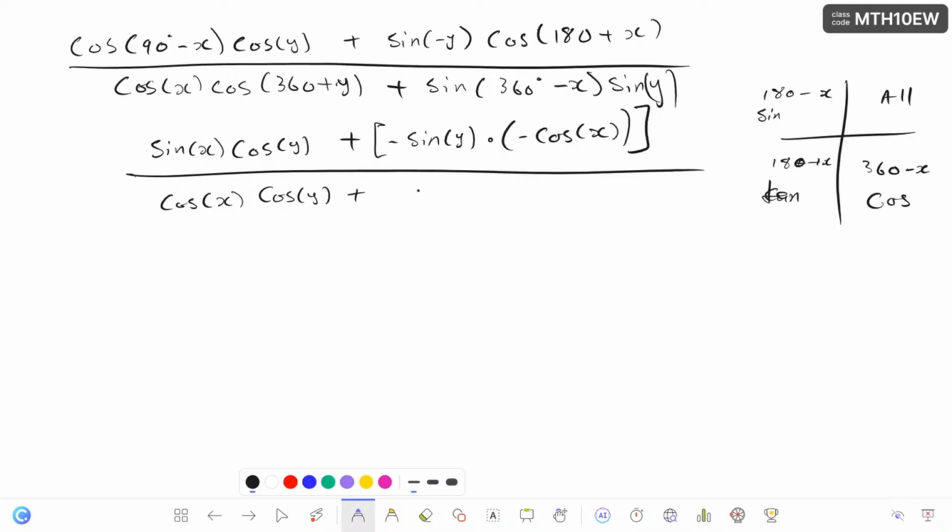This one, 360 minus x, belongs to the fourth quadrant, and the sign is negative there. Then sine, it's negative, sorry, y. So let's multiply this one. So it's going to be sine x cos y plus, yes, plus, because when we multiply these two, they're going to give us positive sine y cos x.